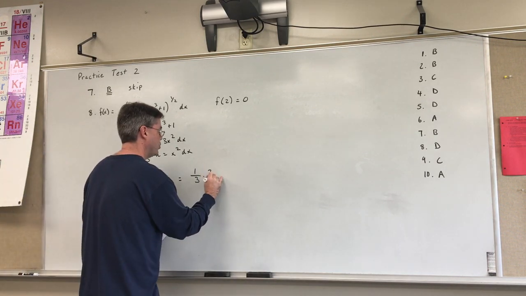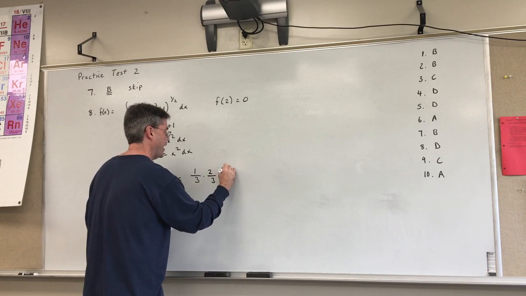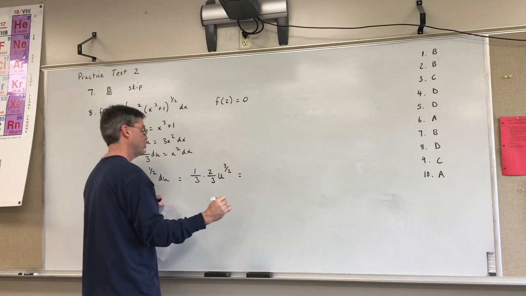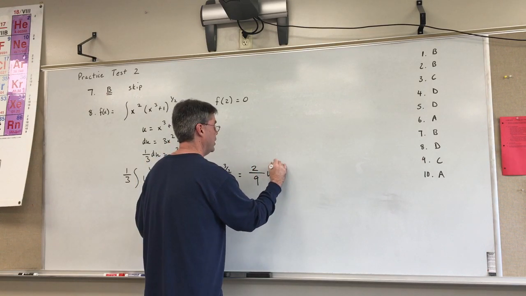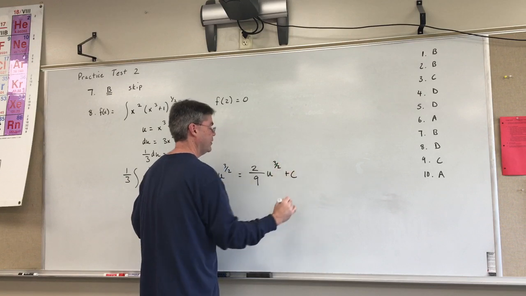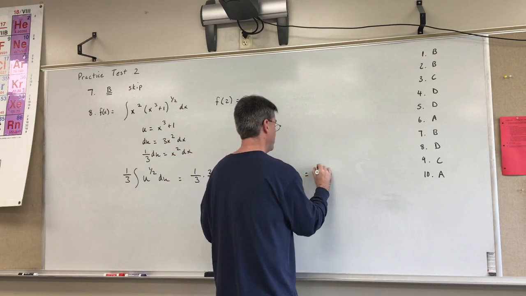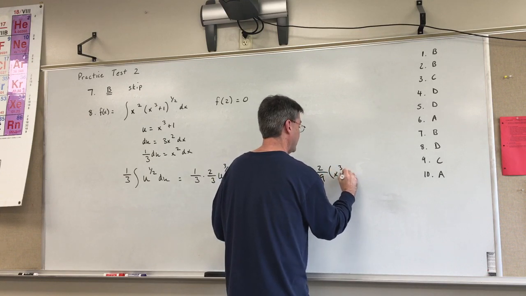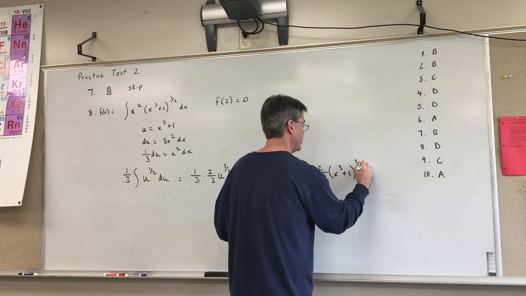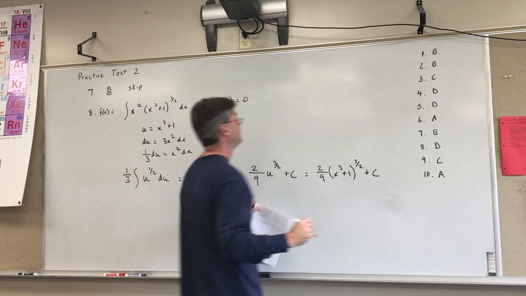So you have to put a 2/3 out front, u to the 3/2. So that's going to be 2/9 u to the 3/2 plus c, which is 2/9 x cubed plus 1 to the 3/2 plus c.